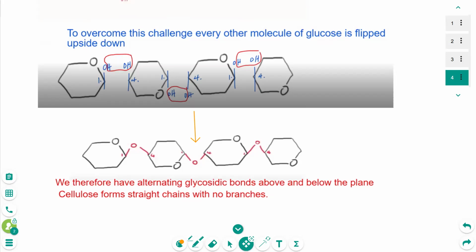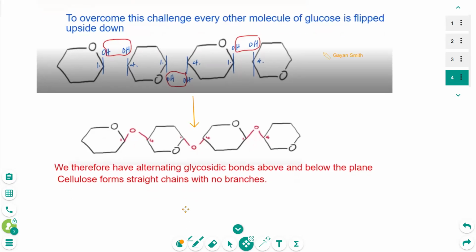So now, guys, once we have looked at the structure, we have to learn some more about cellulose's structure, and we're going to see how cellulose is adapted for its function. And the function of cellulose is not to store glucose in the cell. That's not its job. Its job is to give structural support.